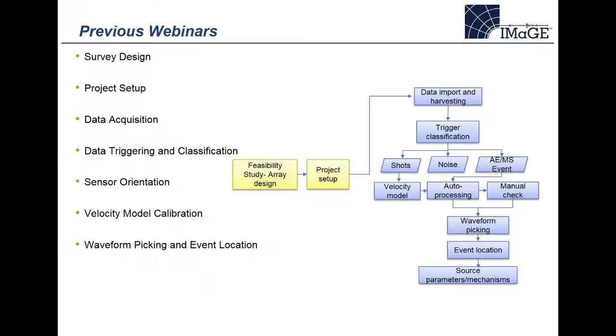I'm going to touch on some of these aspects again in QCing, mostly the project setup, sensor orientation, velocity model calibration, and picking and locating the events. So I'll give a brief review of those again later today. But if you really want more in-depth information about that, please view the videos of the previous webinars.